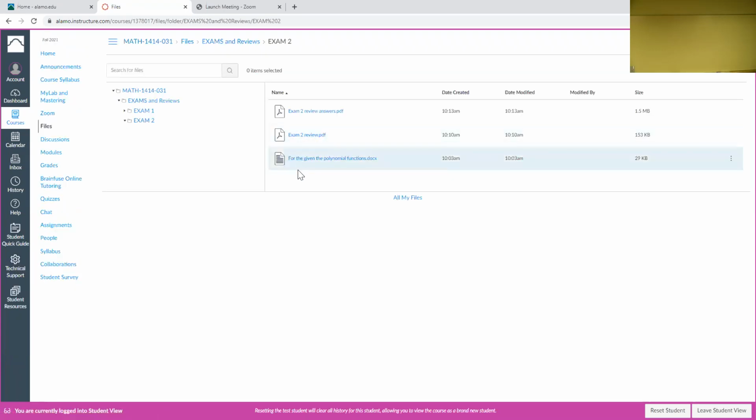Okay, and there are 3 files in here so far. There's going to be another file put in there because there's not enough. Haven't tortured you enough.